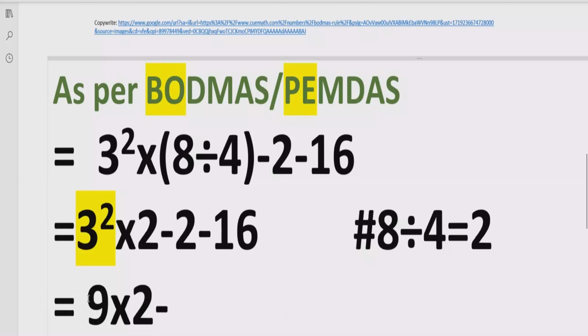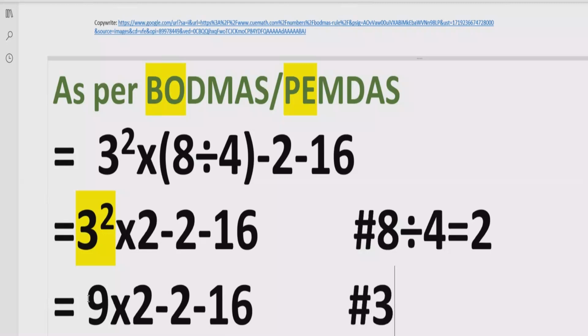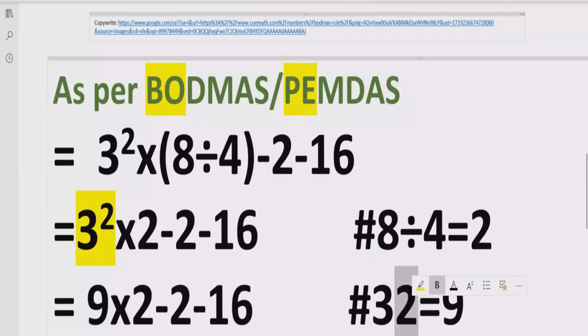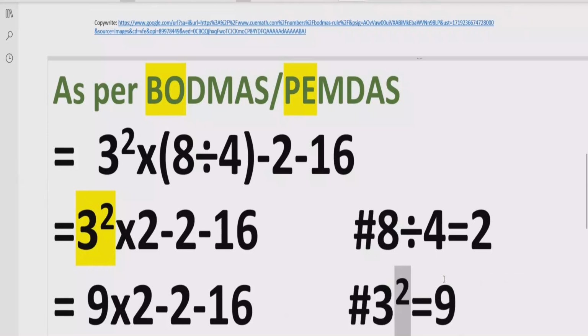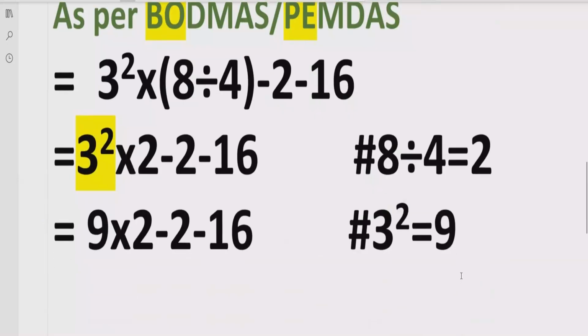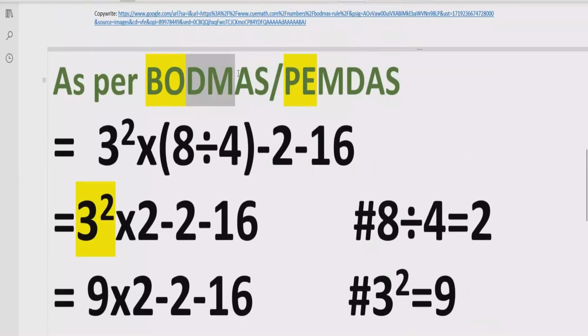And here we write this part, minus 2 and minus 16, as it is. And here we have to give the reference, 3 raised to power 2 equals 9. This becomes 9. Okay.